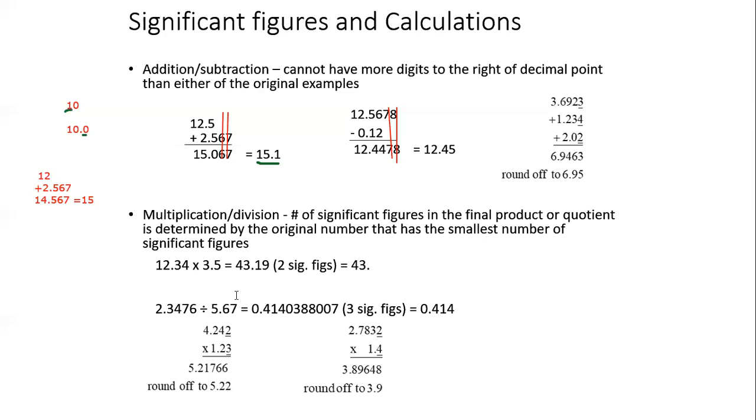So our answer needs to be rounded to 3 significant figures. So the correct answer would be 0.414. So again, with multiplication and division, we look at the number in the operation with the fewest significant figures. That's going to dictate the number of significant figures in your answer.